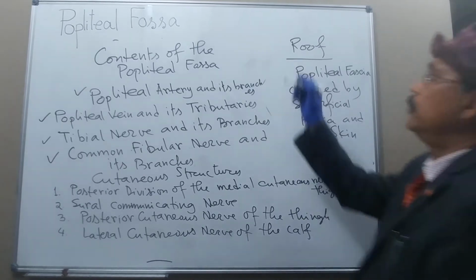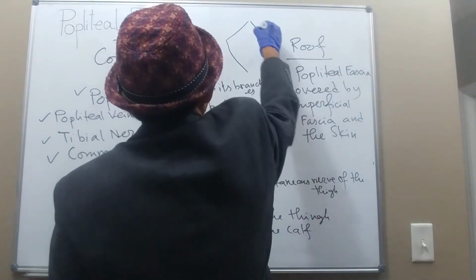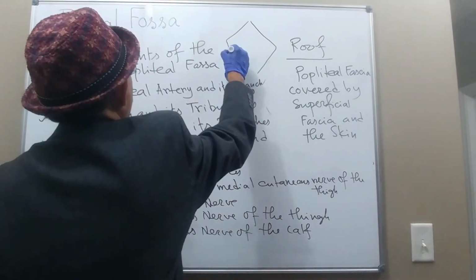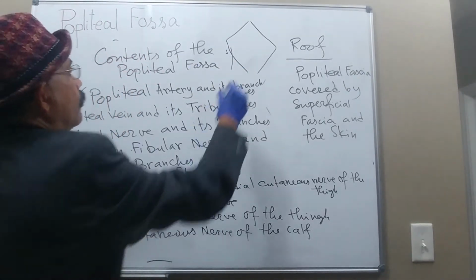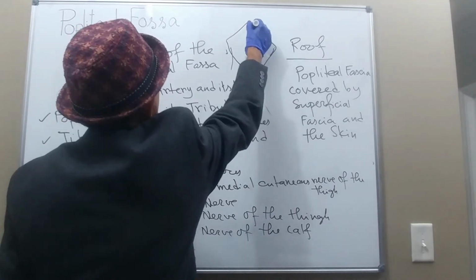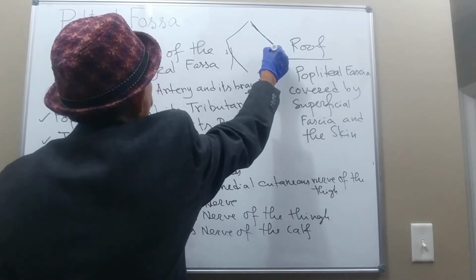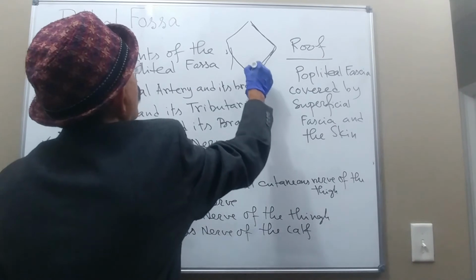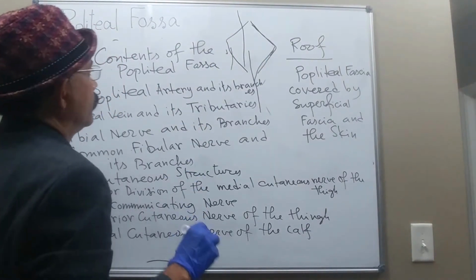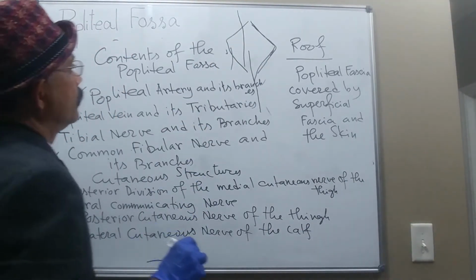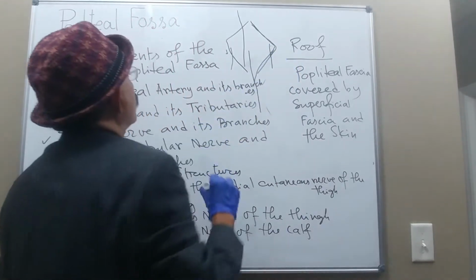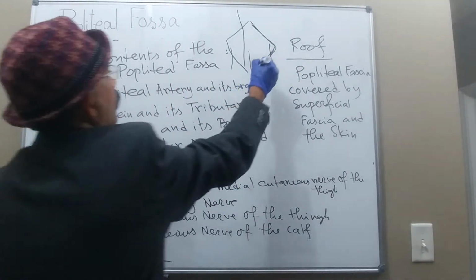If you again draw a diamond shaped structure here, we'll get here the posterior division, this is number 1, then the sural communicating nerve, coming from the common fibular nerve, number 2.